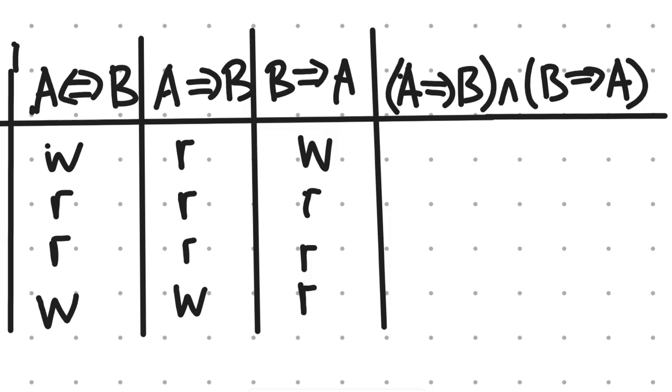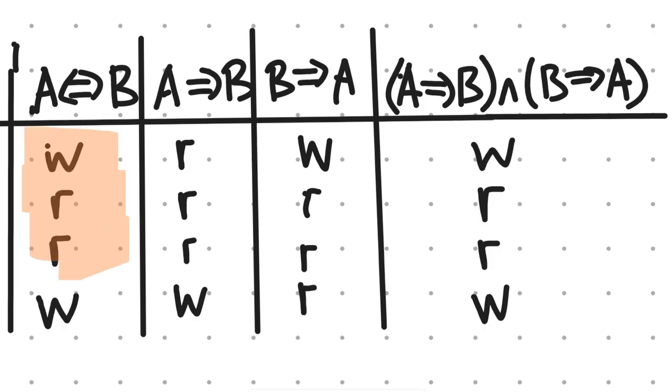Okay? So we have wrong, right? So this means it is wrong. Here we have right, right? So both of them are right. Here we have right, right? So both of them are right. And here we have one wrong, so it's always wrong. And since we see wrong, right, right, wrong, can we also see wrong, right, right, wrong over here and over here?